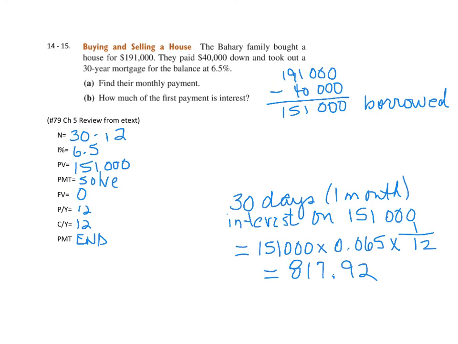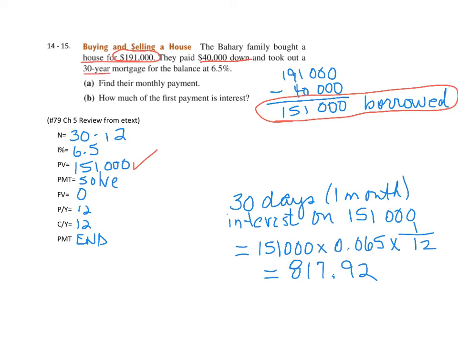And then our last two problems are about buying and selling a house. First thing we're interested in is that, they bought the house and the asking price was $191,000. Generally, you do not finance the entire asking price. So they paid $40,000 down, and what they actually borrowed then was $151,000.